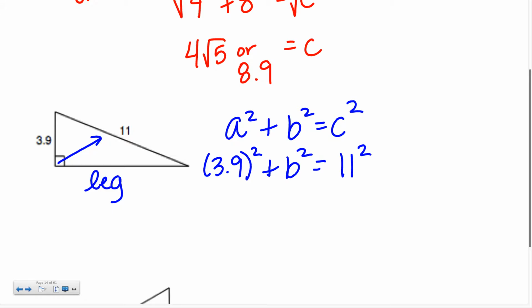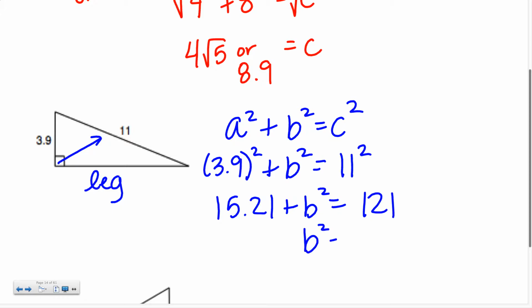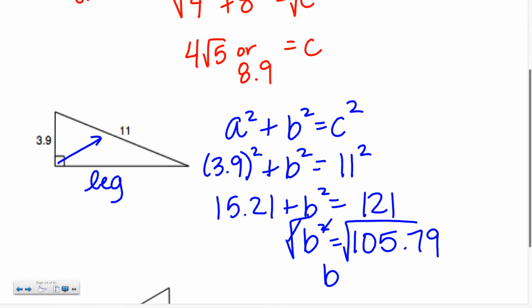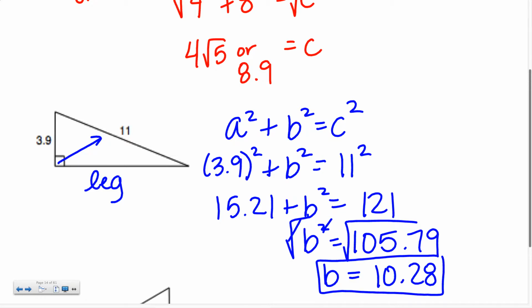So 3.9 squared is about 15.21. 11 squared is that. So I'm going to move that 15.21 over, and if you just left it as 15.2, that's fine. So I'm going to subtract, and I get that. Now same thing, I don't want b squared, so I'm going to take the square root, and that missing side is that. And you could have done 10.2, 10.3, all depends on how you round.